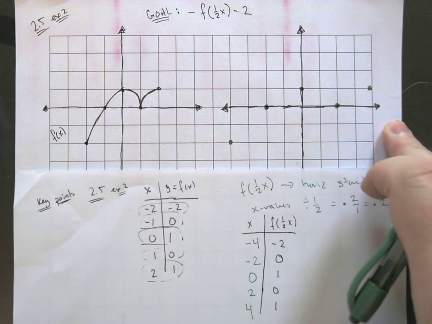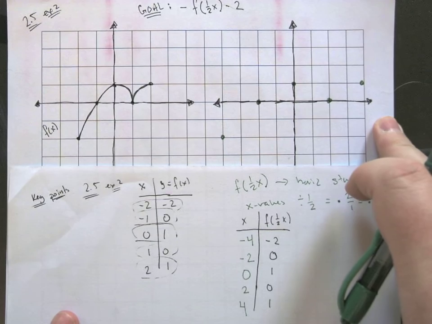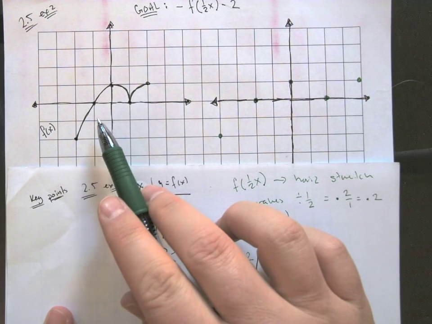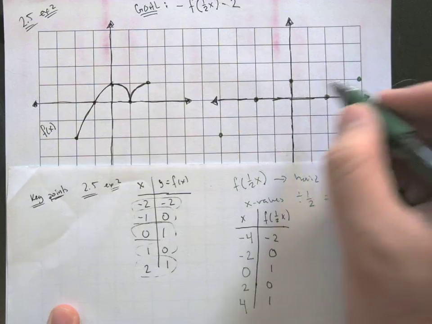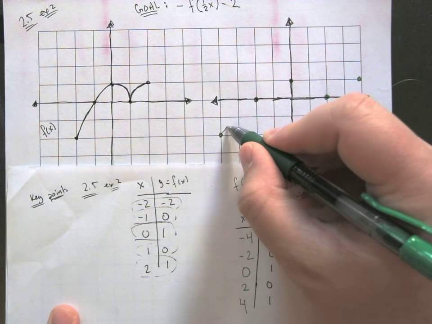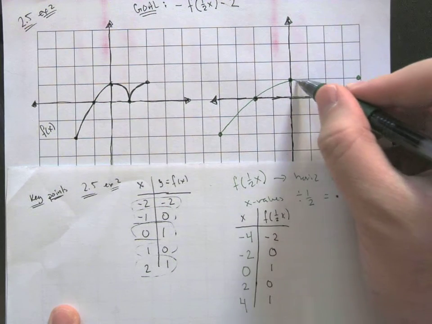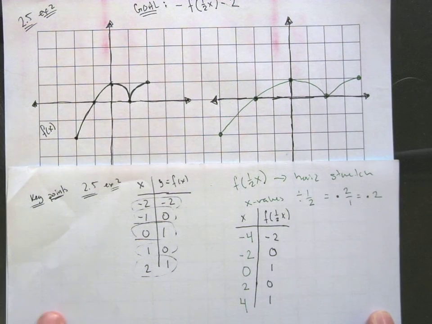What I want to do is connect all of these dots and try to keep the same type of behavior that I have here. I want to write this as a smooth curve as best I can. Let's give it a go. We're going something like this. Up. This guy comes down. And this guy comes back up.